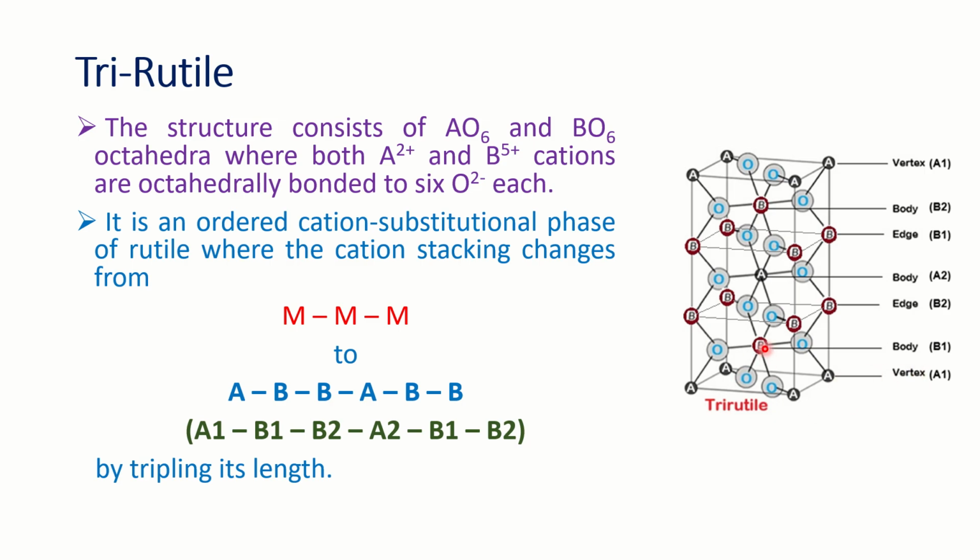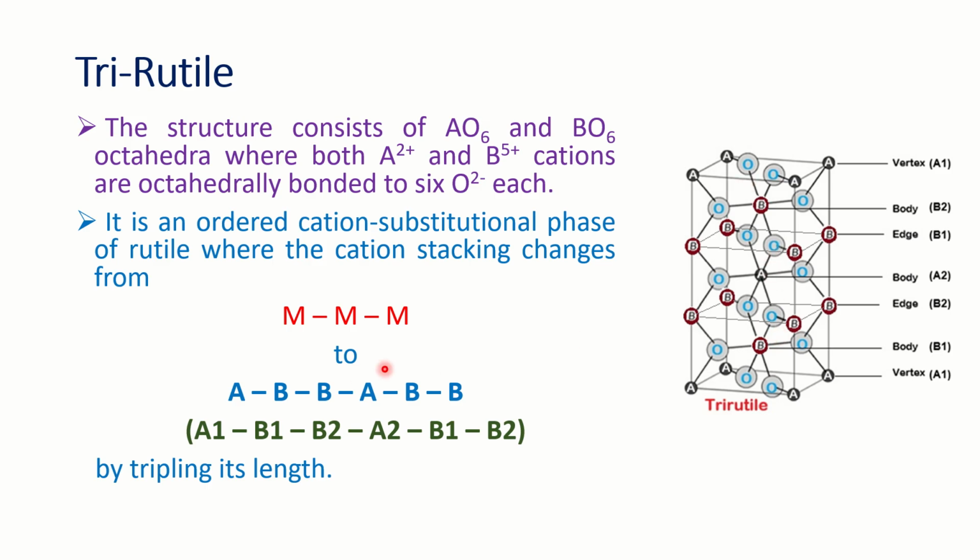This body centered B cation forms the B layer, and the B cations belonging to the edge form the B layer again. Now again repeating, A layer on the vertex, B layer on the edge, and B layer in the body again. So it is A B B A B B.